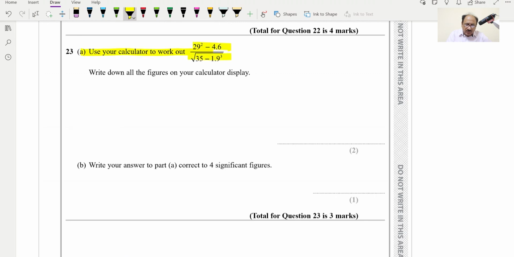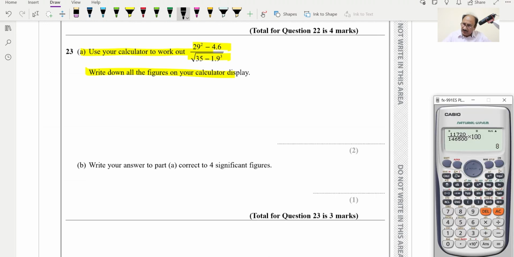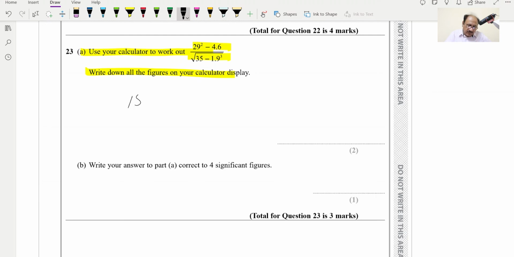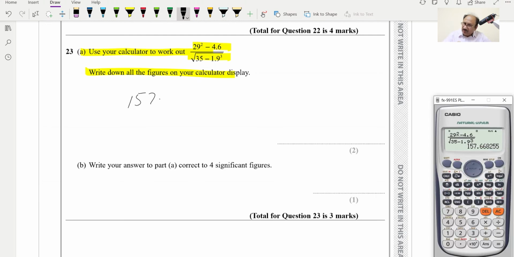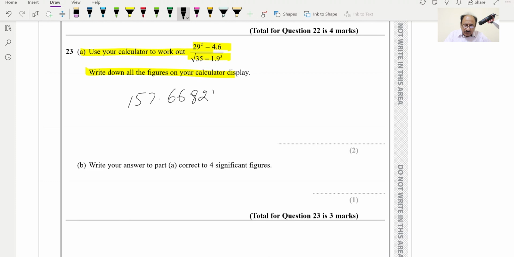Use your calculator, work out this one, write all the figures on your calculator display. So we will be using the calculator for this one, and directly we can write the fraction first. 29 squared, minus 4.6, over the root of 35 minus 1.9 cubed, and this will be equal to 157 point 668255.